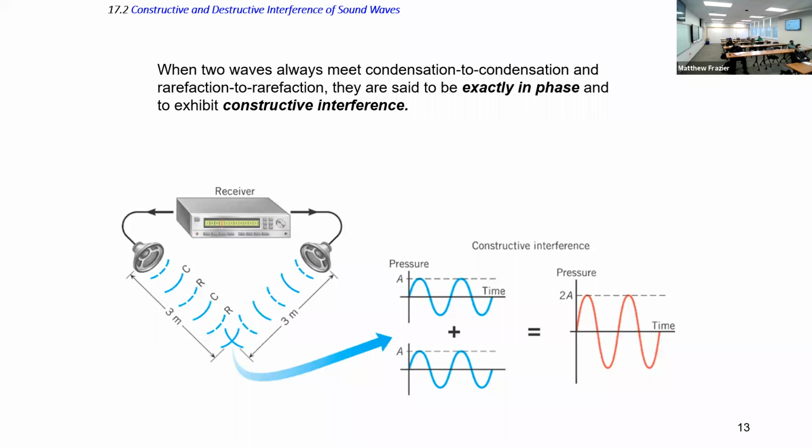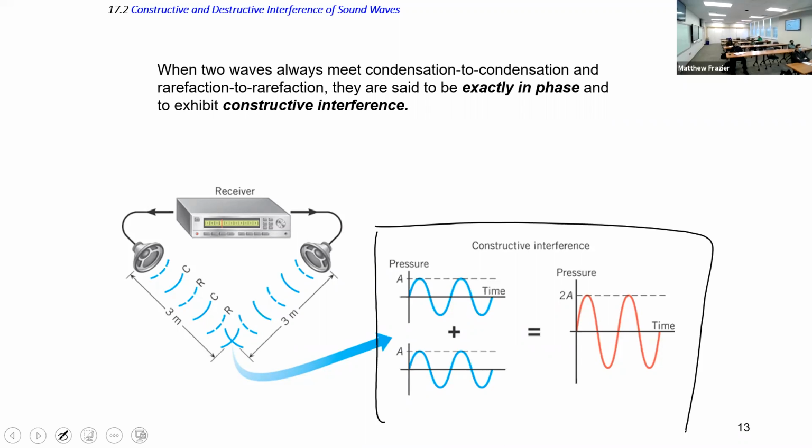So these graphs here are pressure versus time. And so what that looks like is really the wave spreads out, and you have areas that are compressed, marked with C, and areas that are rarefacted, marked with R, where the air pressure is higher or lower.